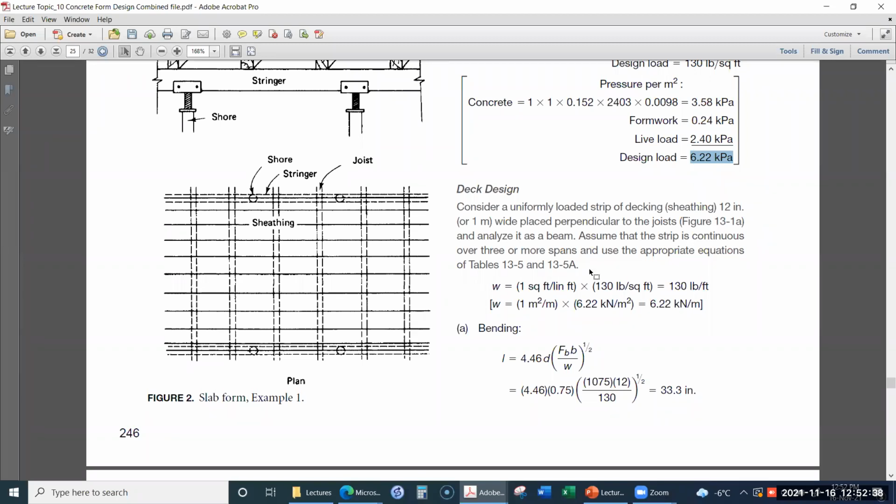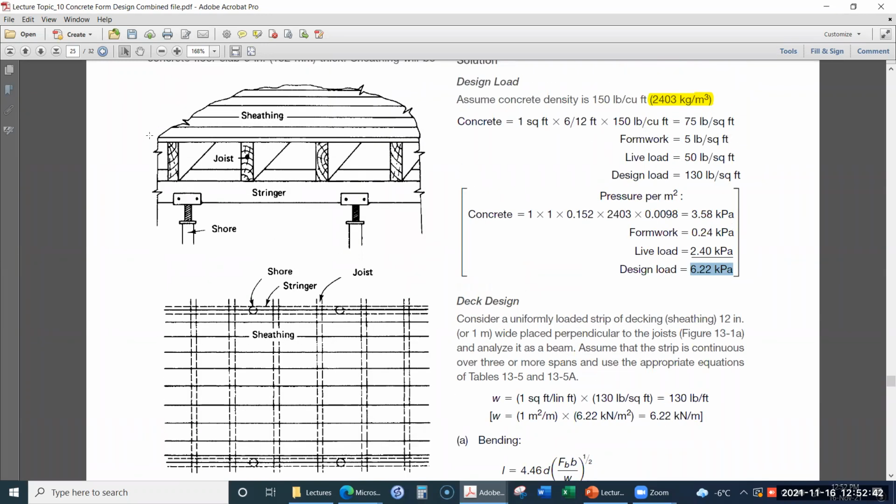Now, we are starting from the sheathing, because it is the sheathing which is on the top. For the sheathing, we have this design load of 6.22 kilonewton per square meter, and that sheathing load will go on the joists.